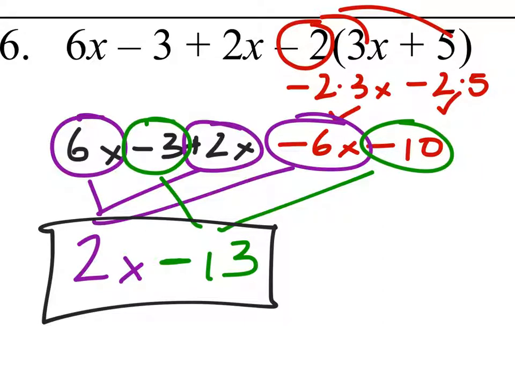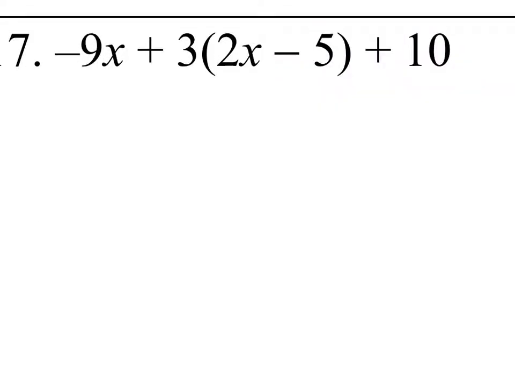Negative 9x plus 3 times the quantity 2x minus 5, and then plus a 10. So at these, let's take this positive 3, and then we'll distribute it into the parentheses.